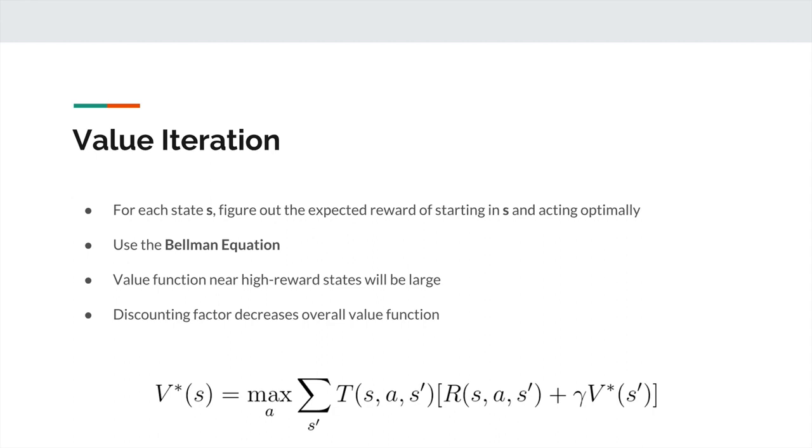The notion for value iteration is for each state, for a particular state S, we want to figure out the expected reward of starting at state S and then taking the best possible actions at state S. And so what I mean by that is we're in a particular state, and the value at that state, which is why it's called value iteration, the first part of value iteration at least, is we want to know what reward can I expect if I'm in this state and I act optimally.